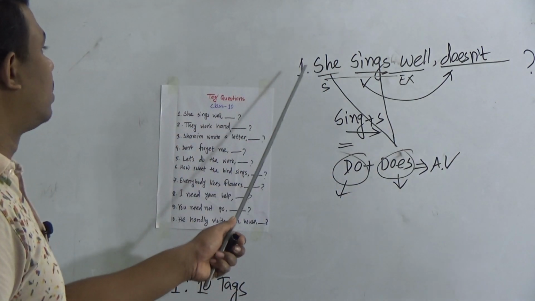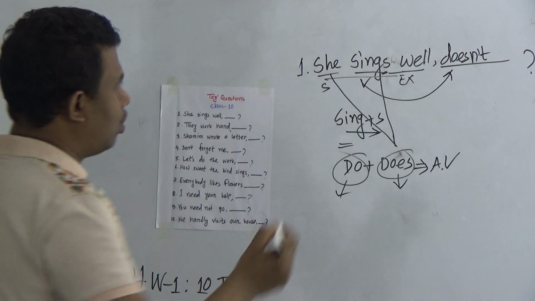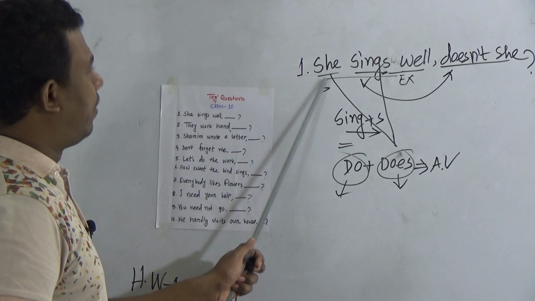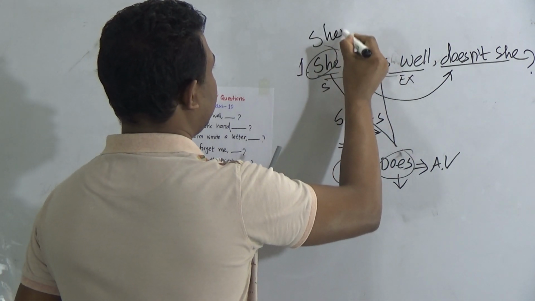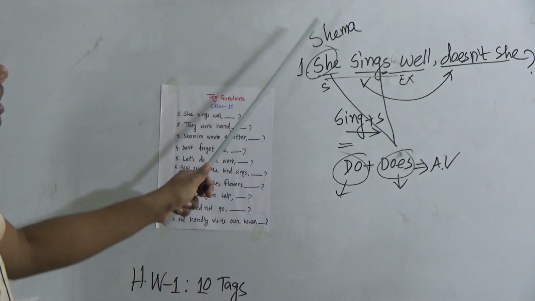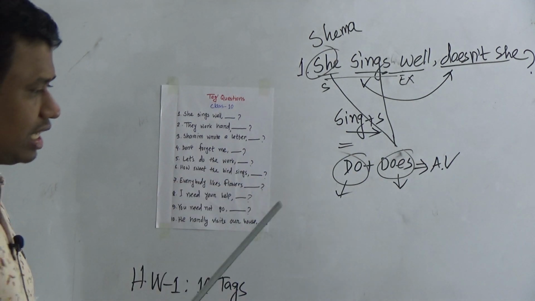Now we have to use its pronoun. So she is the pronoun, so we have to use she. Dear students, if here it was not she, it was Shima, in that case Shima's pronoun would be she, so we will have to write she.